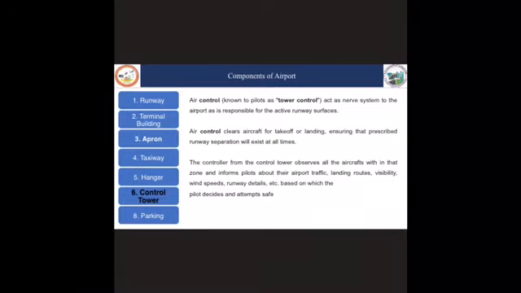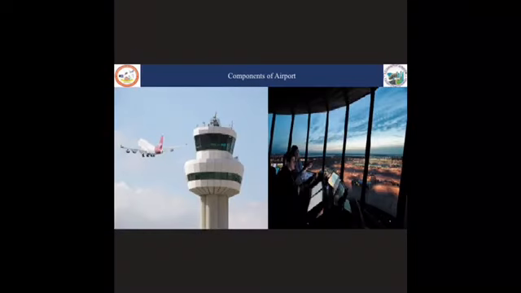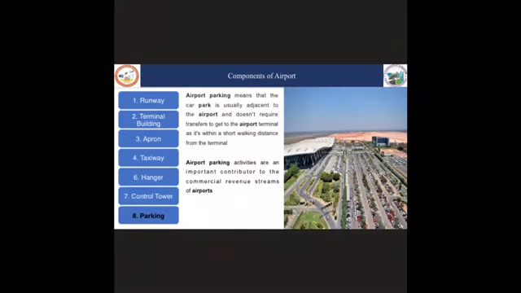The controller in the tower observes all the aircraft within that zone and informs pilots about airport traffic, landing routes, visibility, wind speed, runway details, etc., based upon which the pilot decides and attempts a safe landing or takeoff operation.